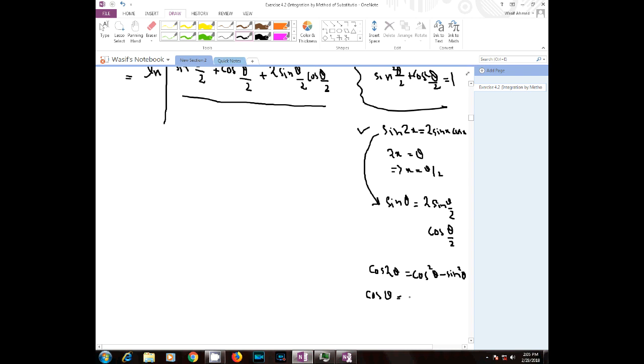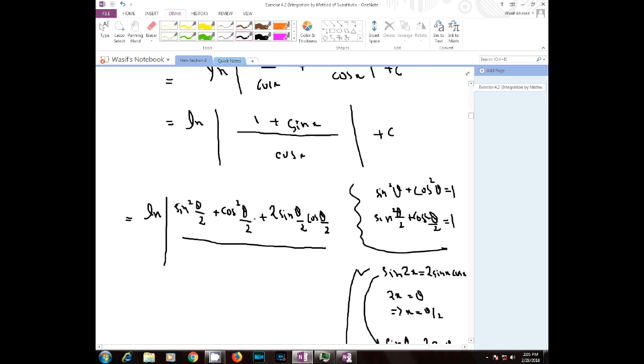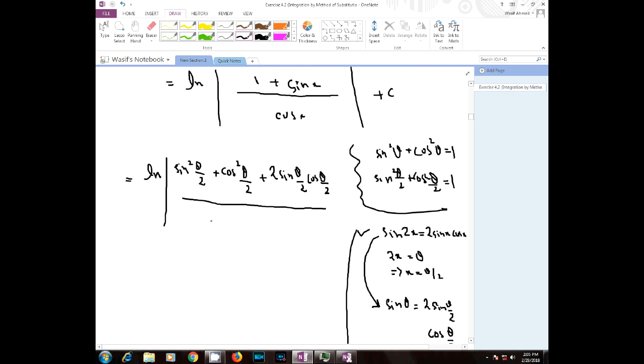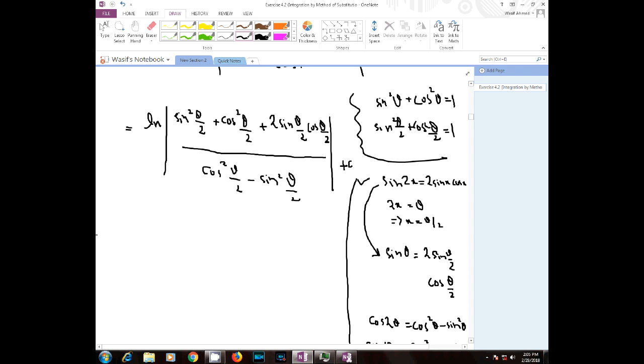So cos theta is equal to cos square theta divided by 2 minus sine square theta divided by 2. So make these substitutions here, you would get cos square theta divided by 2 minus sine square theta divided by 2, and close the absolute value here and write the constant of integration.